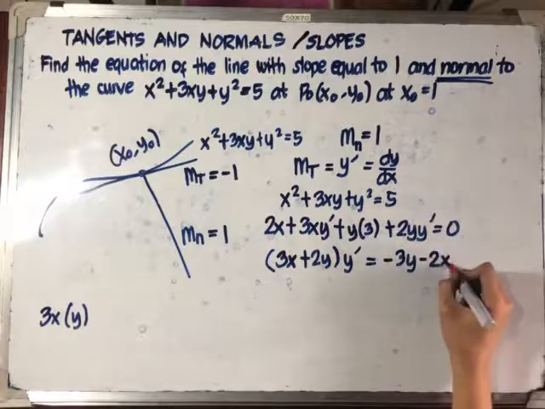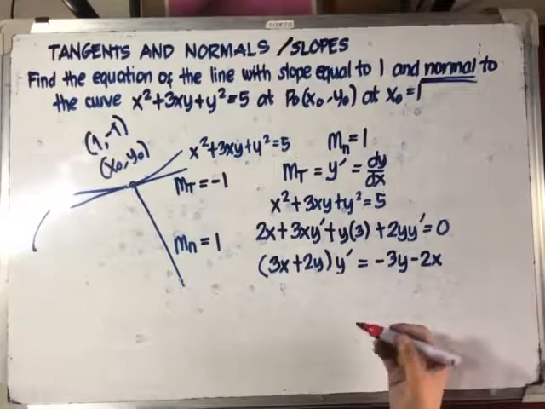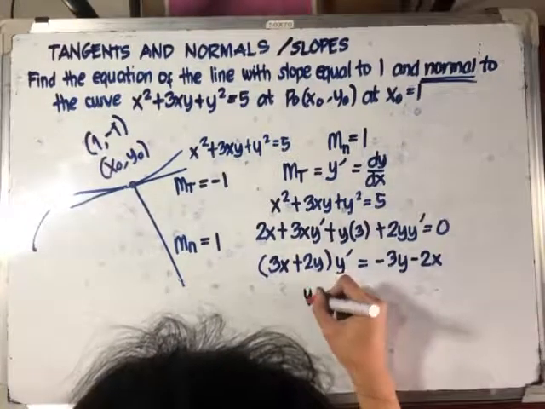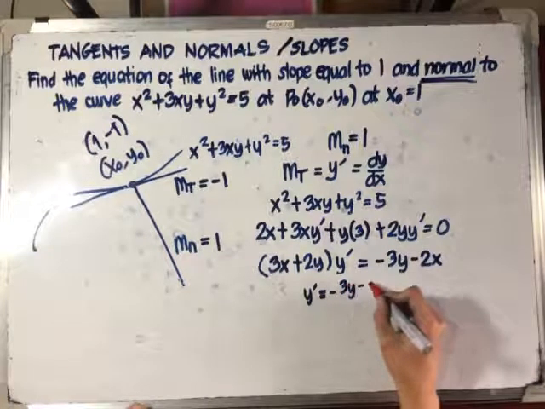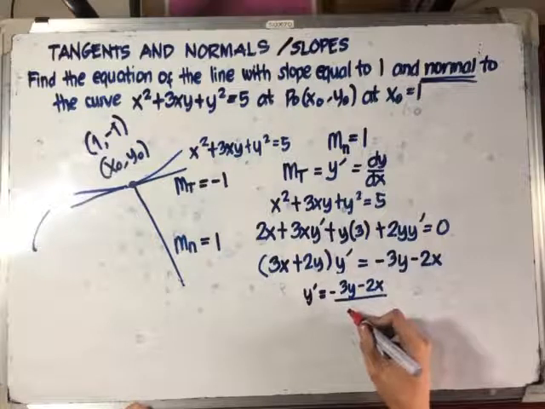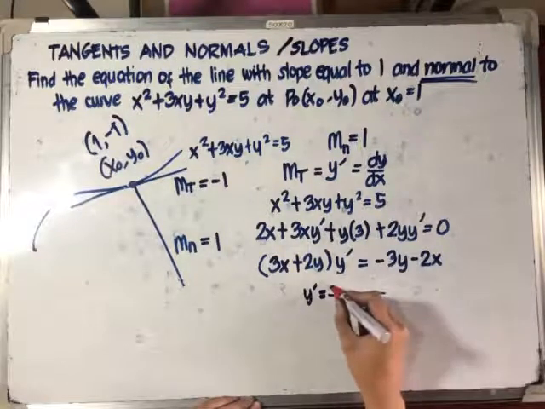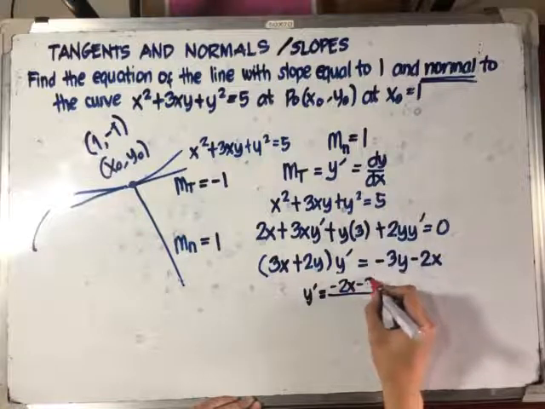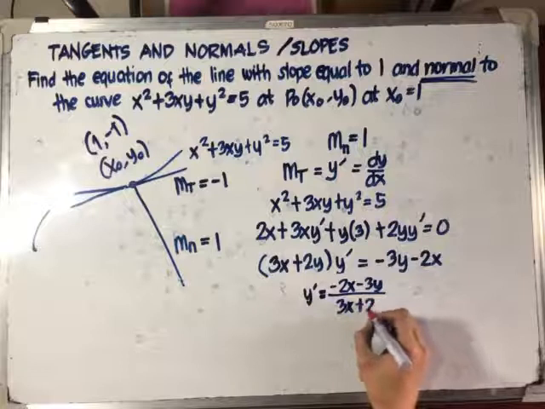Now we divide to isolate y prime. This would be negative 2x minus 3y over 3x plus 2y.